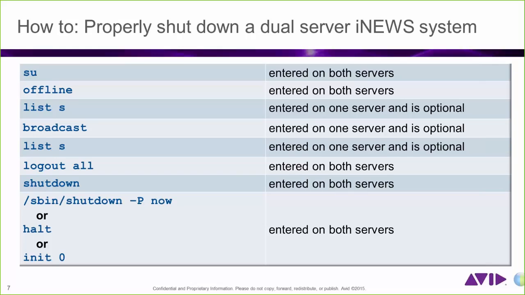So we're going to go through a normal system shutdown that includes the commands on the left of your screen there. Becoming super user, typing offline, checking for users logged in, sending a broadcast message to users that the system may be going down or will be going down, logging out all users, shutting down iNEWS, and then shutting down the operating system.